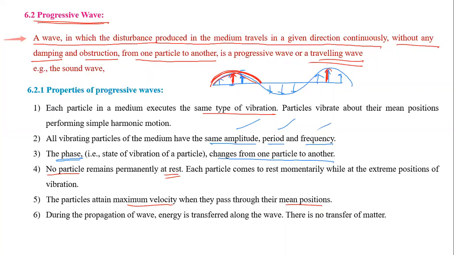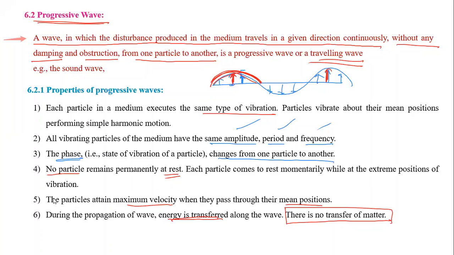Next one is, during the propagation of a wave, energy is transferred. When a wave is propagating from one point to another point, it transfers energy from one point to another. But it transfers energy, and there is no transfer of matter, remember that.